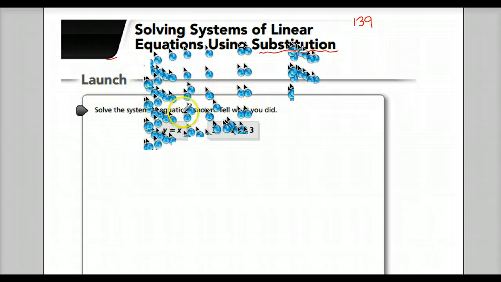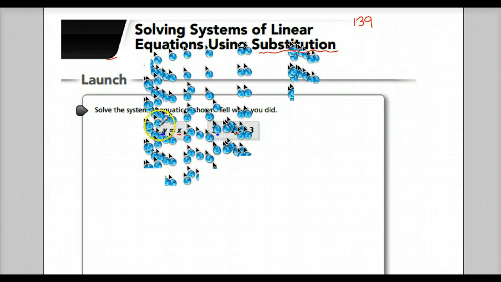So solve the system of equations shown. Tell what you did. Well, over here it says y equals x. And over here it says 3x minus 2y equals 3. So basically we could either substitute in x for y right here, or we could substitute in y for x over here, because x equals y and y equals x, so they're the same.